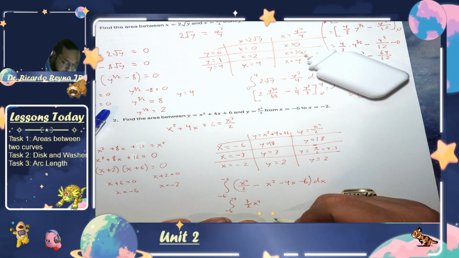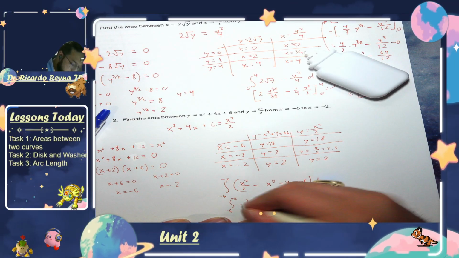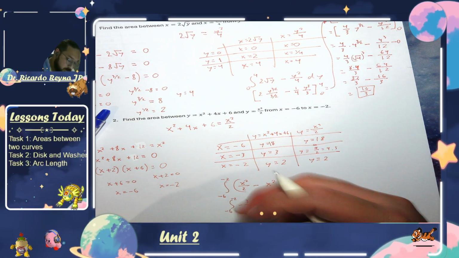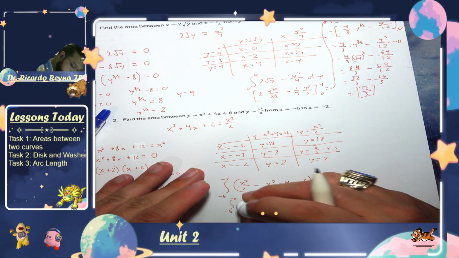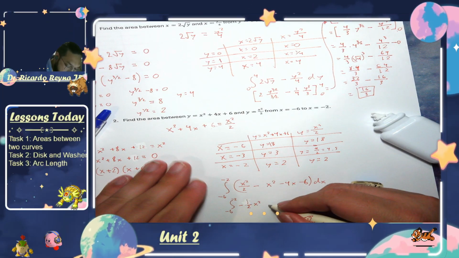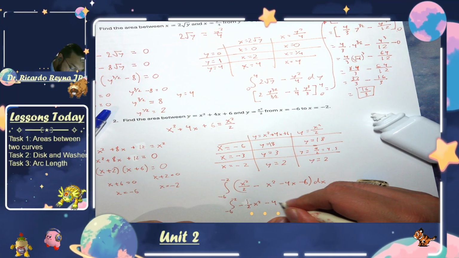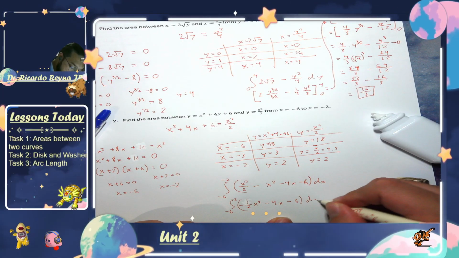No, not 3 over 2, because 1/2 minus 1 is negative. I don't know why I added them. Wow. So minus 1 half x squared, and then minus 4x minus 6 dx.